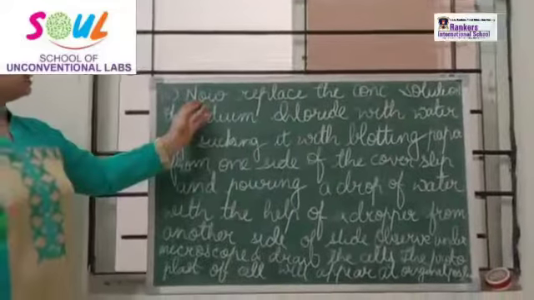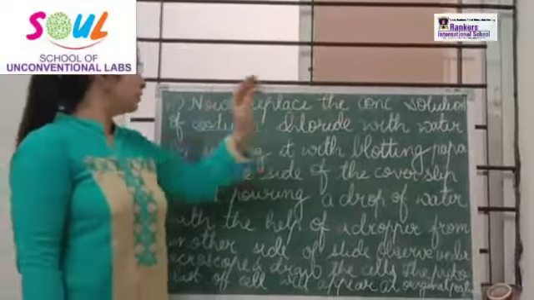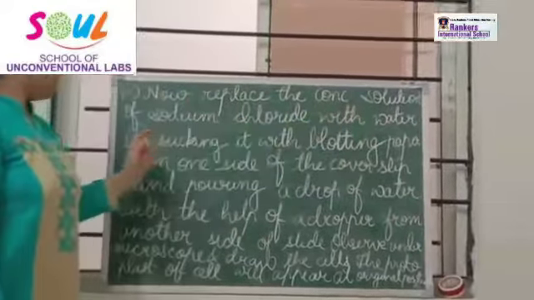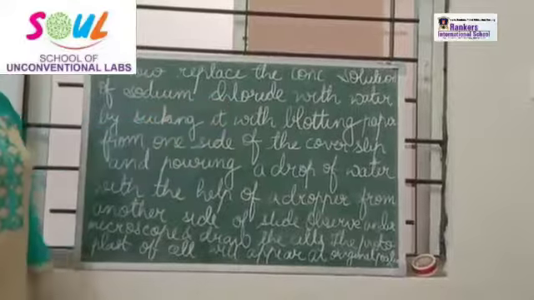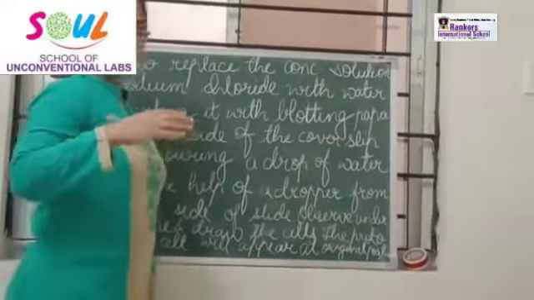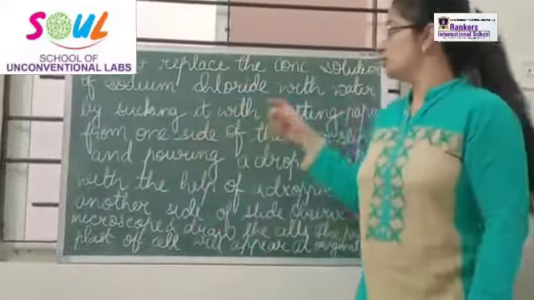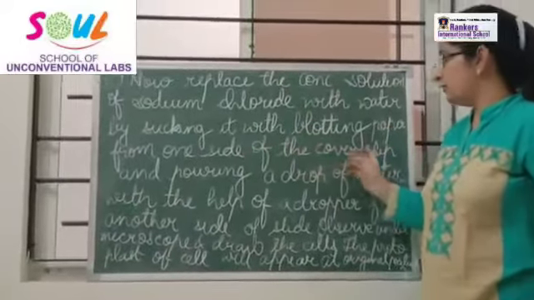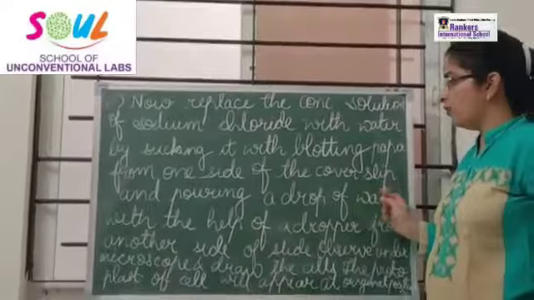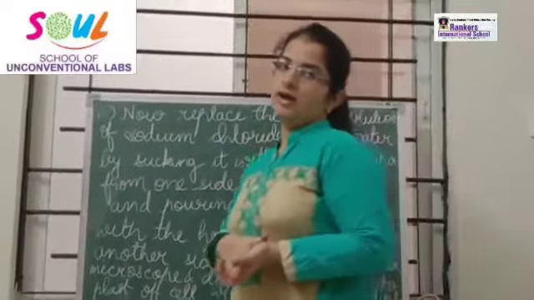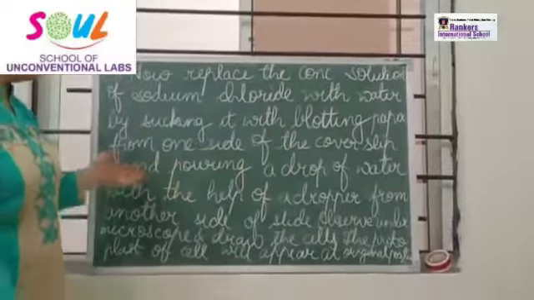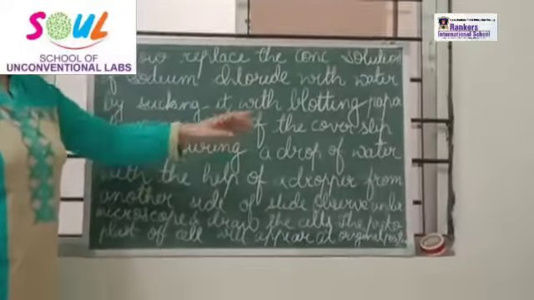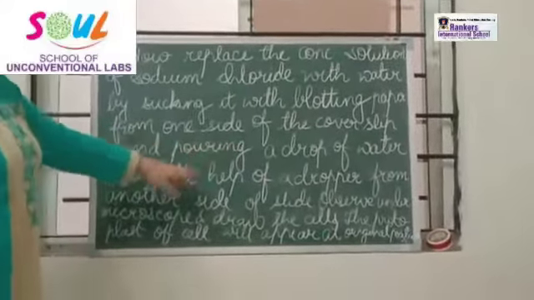Our next step is to replace the concentrated solution of sodium chloride with water by sucking it with blotting paper. You have to suck out the extra concentrated solution of sodium chloride with blotting paper from one side of the cover slip, and from the other side pour a drop of water with a dropper.